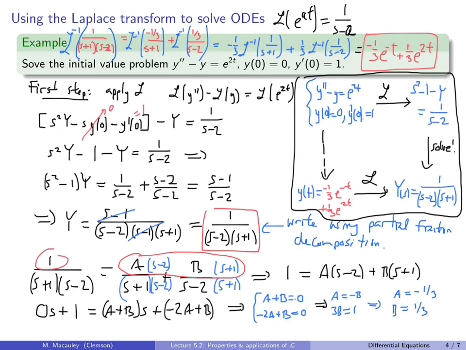We solved that, and then we had to manipulate this a little bit. We had to break up the fractions using partial fraction decomposition to get something that we can easily compute the inverse Laplace transform of, and that's what we got. We got a function whose Laplace transform is our solution of the algebraic equation, and that function is the solution to the initial value problem.